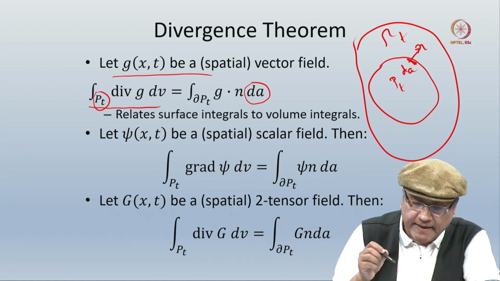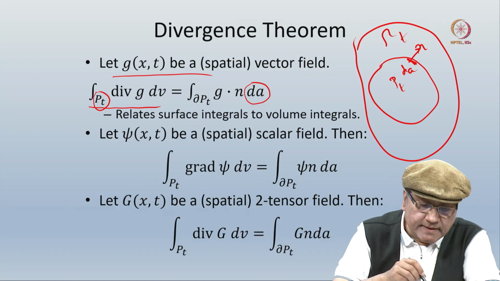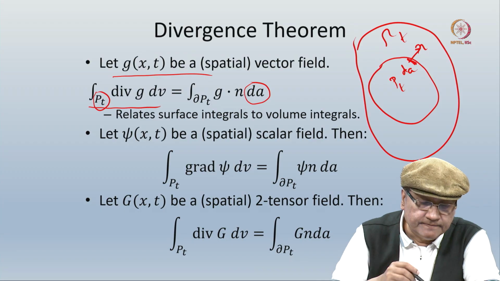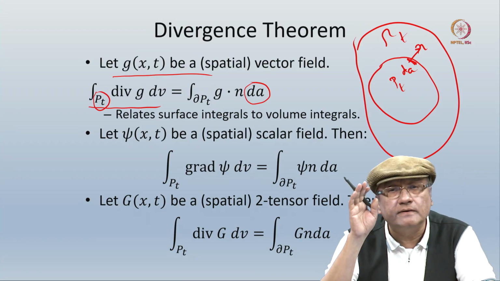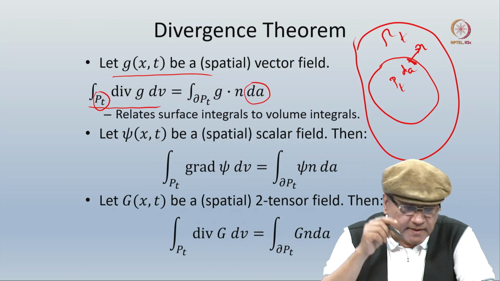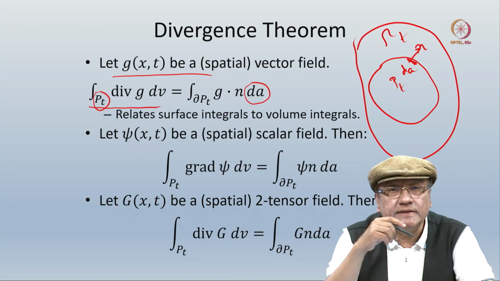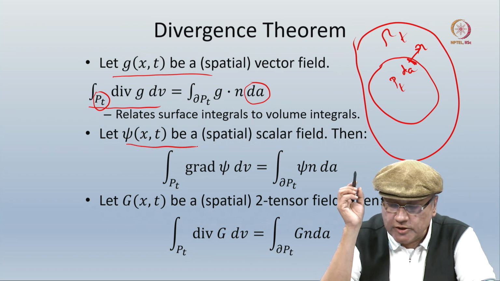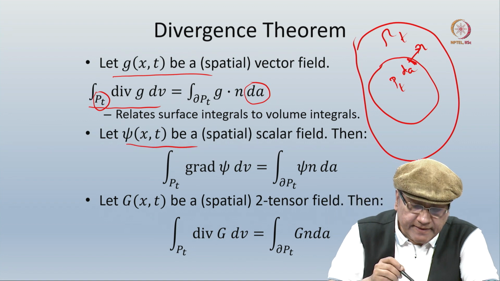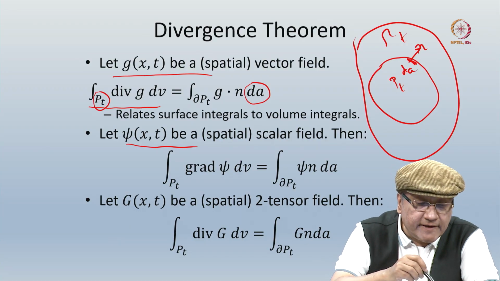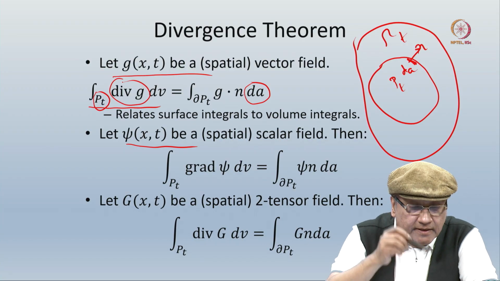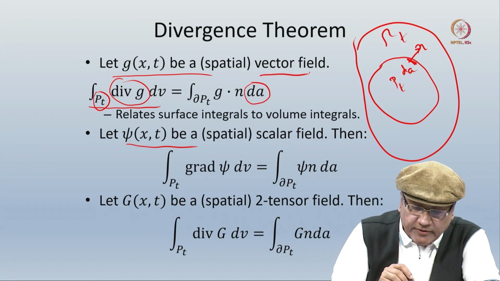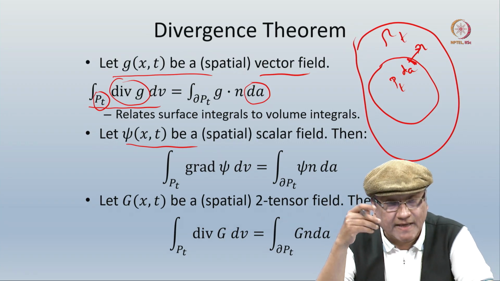There are multiple such statements possible for the divergence theorem. Here are just three, but all the statements are concerned with only one thing: the volume integral is related somehow to the surface integral. So let us again take psi to be a scalar field. Then the grad of psi, instead of the divergence of G, which was a scalar because G was a vector field, is here also a vector field, because psi is a scalar field.